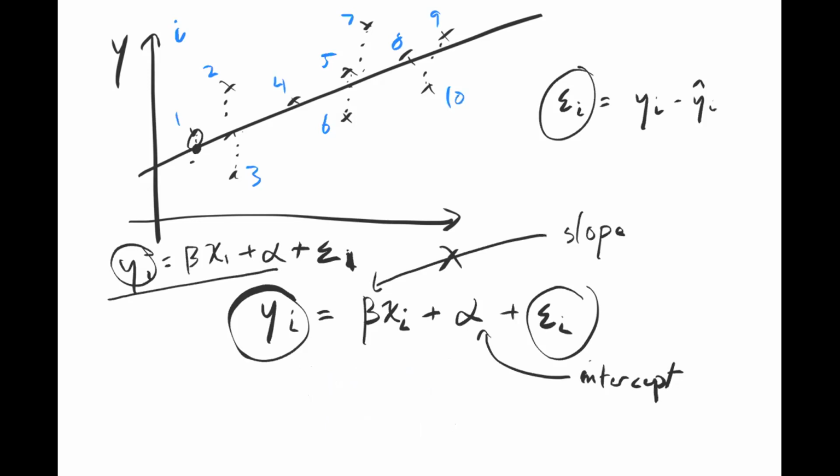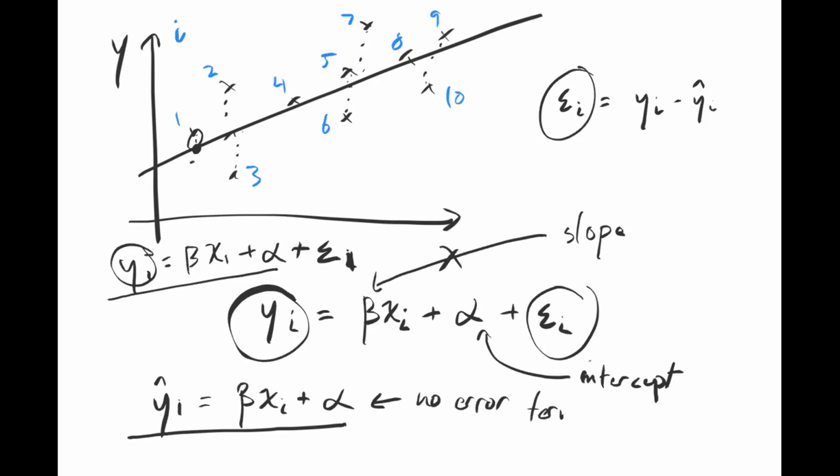And then y hat i is equal to beta xi plus alpha. And in this case, you notice that this does not contain my error value. No error term. Because the y hat refers to the predicted point.